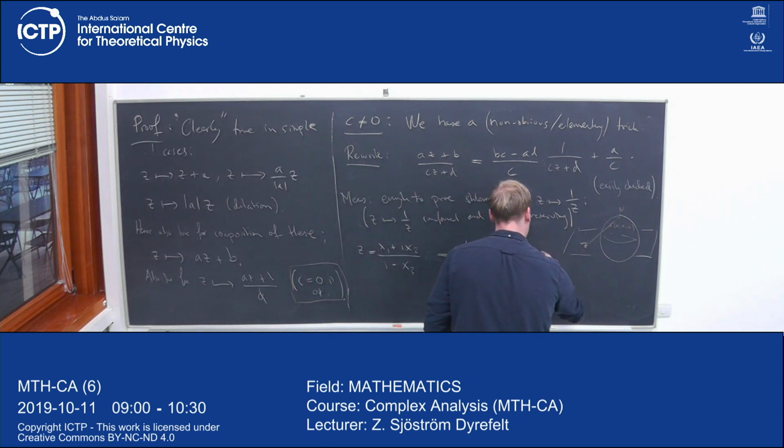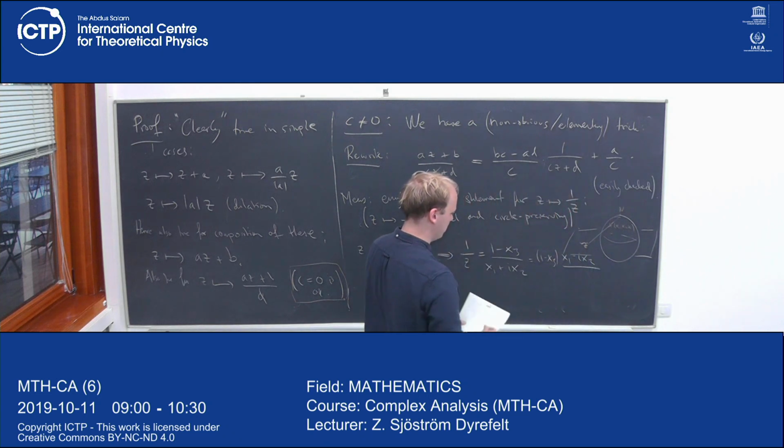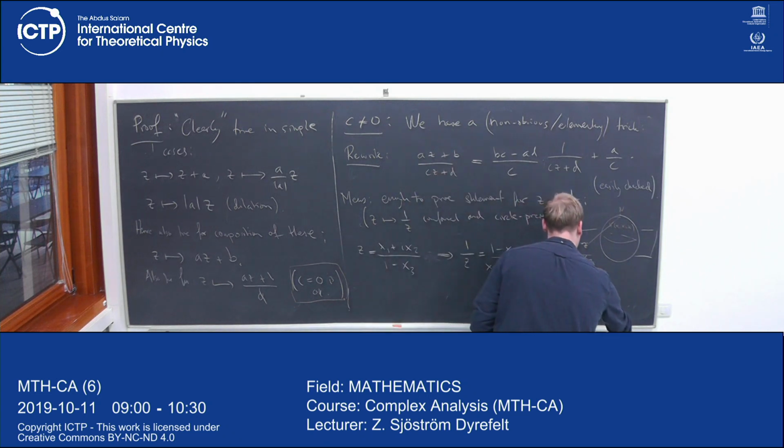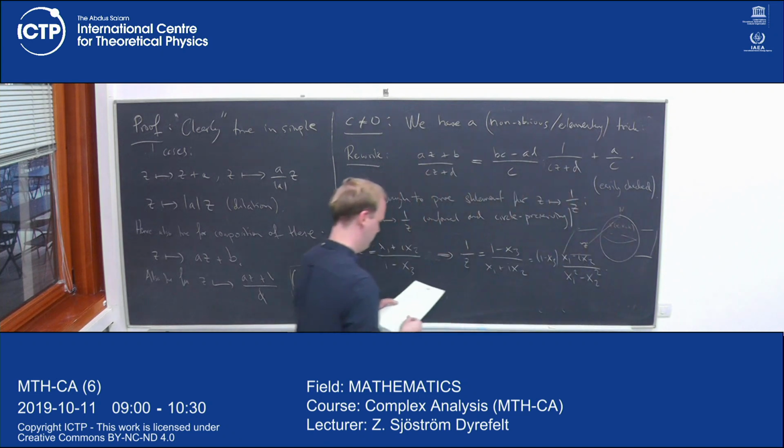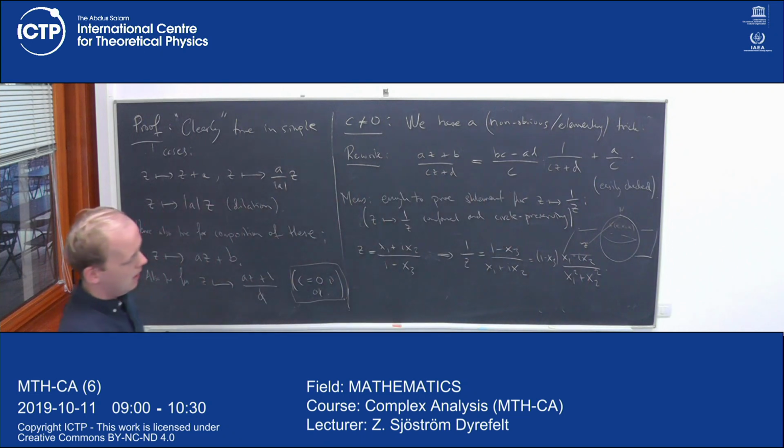Okay, so it's equal to 1 minus x3 times x1 minus i x2 divided by x1 squared plus x2 squared.